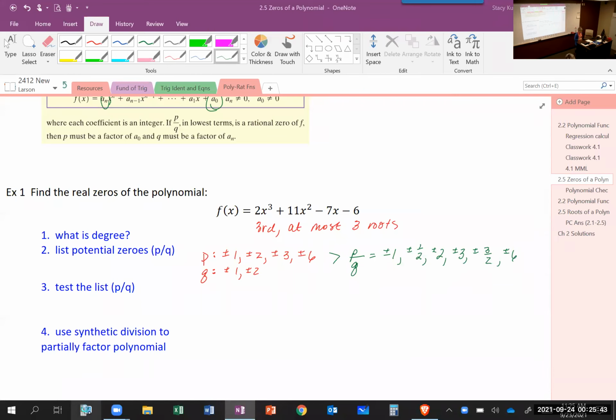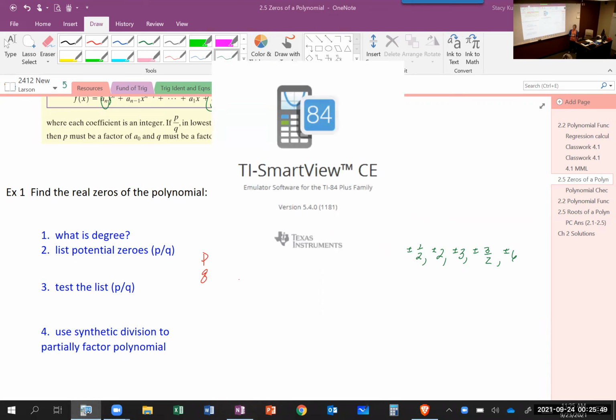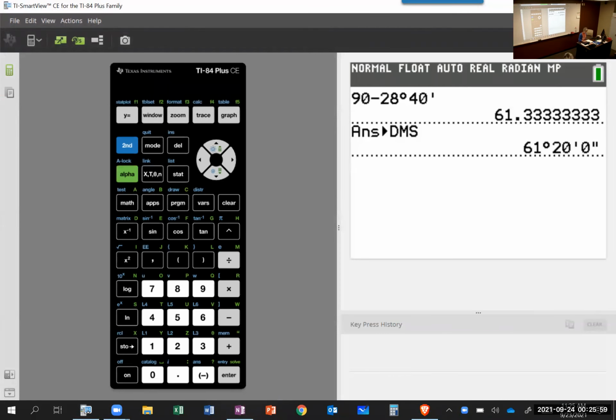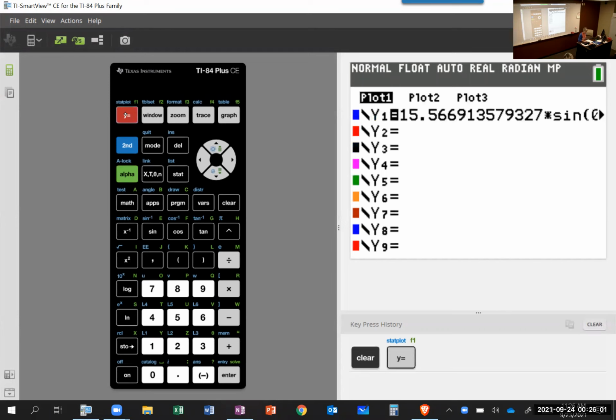So in our calculators, we are going to put that function, all right? So we need to go to our y equals. I've got my plot on still, so I'm going to turn that off.